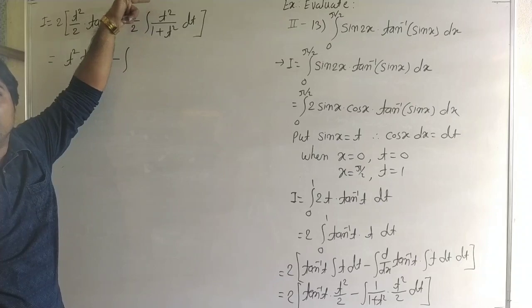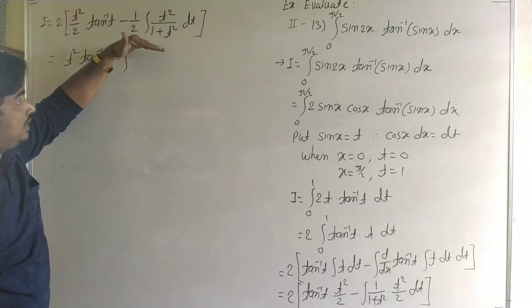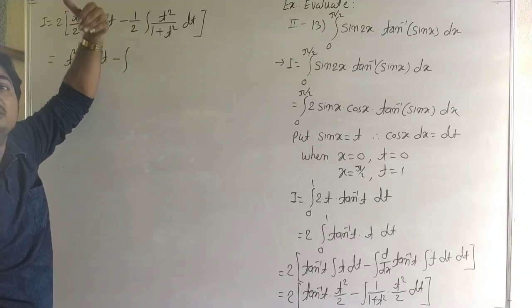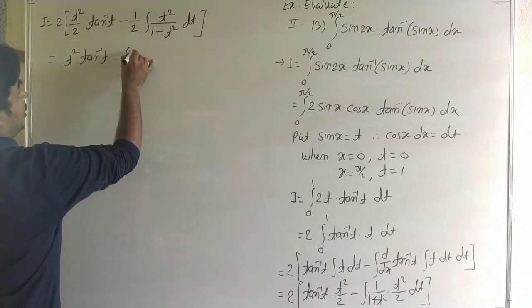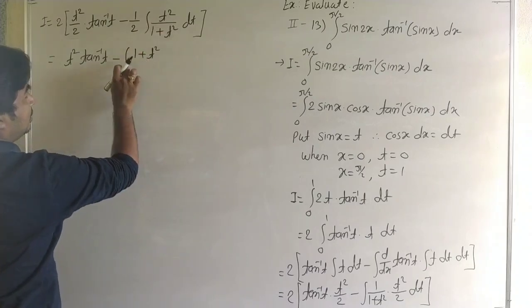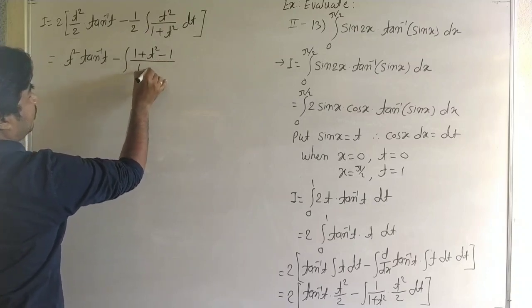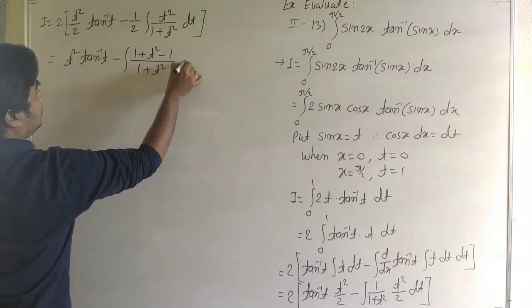Here the degree of the polynomial in the numerator and in the denominator is the same. So adjust the numerator as the denominator. Therefore, we write 1 plus t square, but in the numerator there is only t square, therefore we cancel it with minus 1, over 1 plus t square dt.